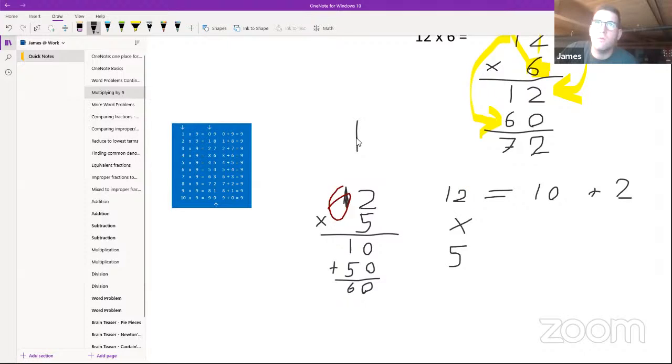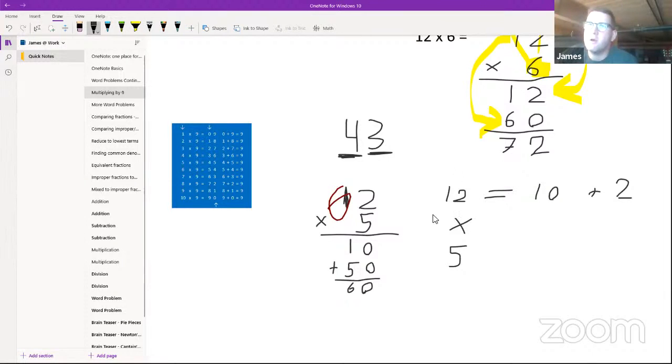So if I do 43, this 3 is the ones place, and the 4 is the tens, because it's 40, so 4 tens, and then 3. Does that make sense? Yes? Okay, good.